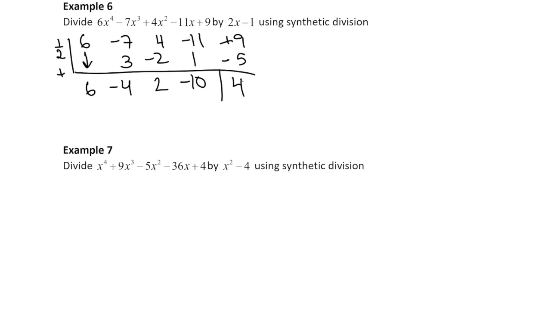And as you start to take a look at that, you would say, well, now let's see what we would have if we were to do a check with this. So think about back to that division statement.